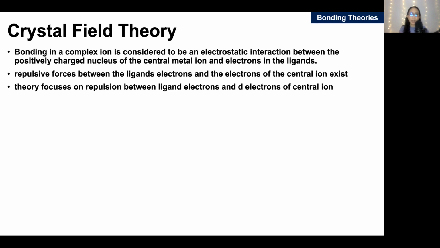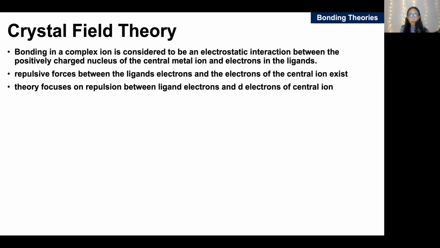Lewis acid is an electron pair acceptor. And we defined ligands as Lewis bases. Lewis bases are electron pair donors. So this central definition of the crystal field theory is aligned with how we defined the central metal ion as a Lewis acid and the ligands as Lewis bases.